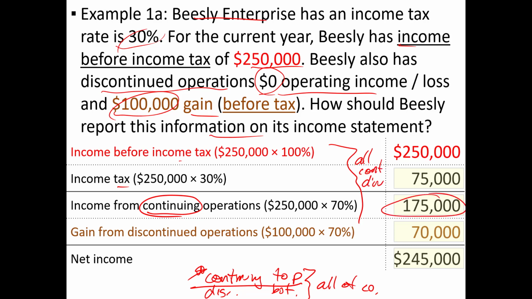Okay, 175. There is a discontinued operation. This is just the discontinued division, 70. And notice it's a gain, so you want to add that. Okay, you got to read these things carefully. Income means there's a positive. Gain means that's a positive. So the net income of the company overall is 245.